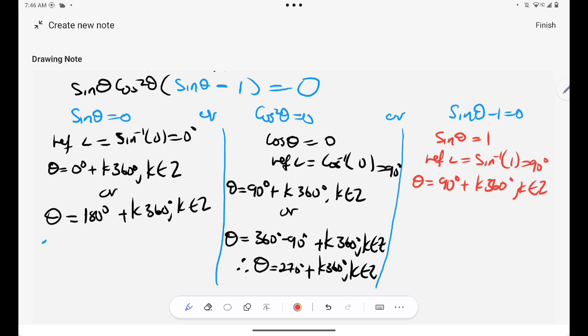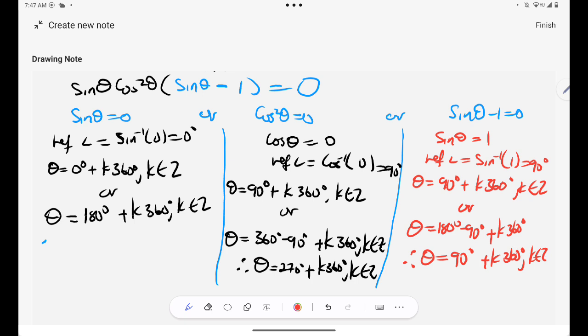K is an integer. Or in the second quadrant, theta will be 180 degrees minus 90 plus k 360, right? So therefore I will have theta is equal to 90 degrees plus k 360, where k is an integer.